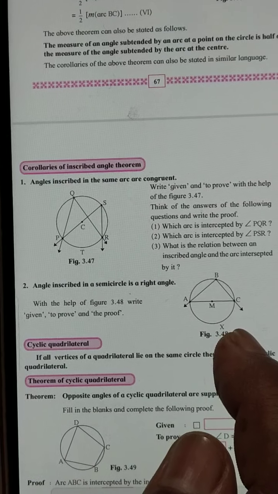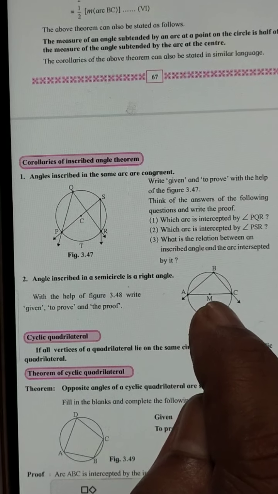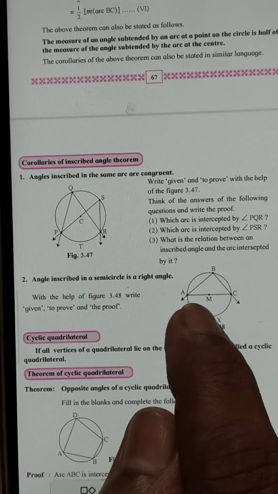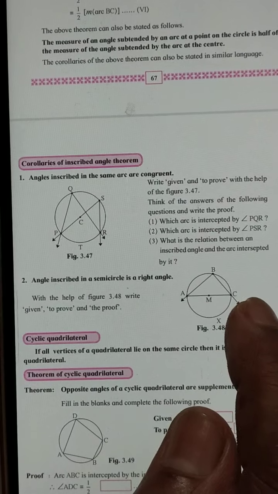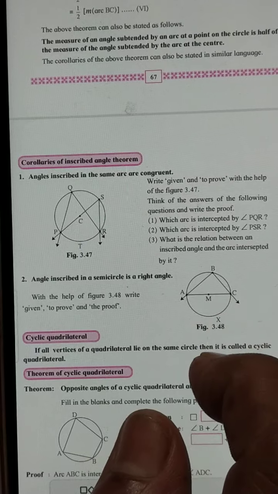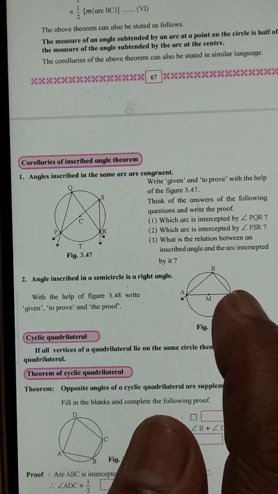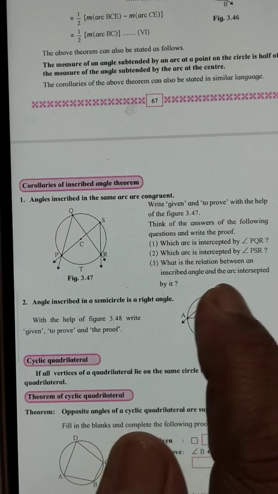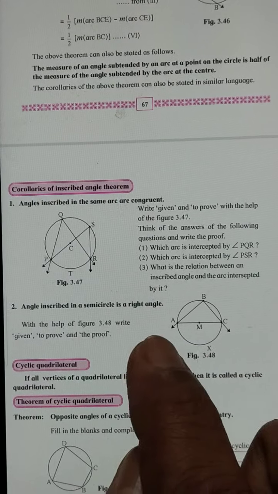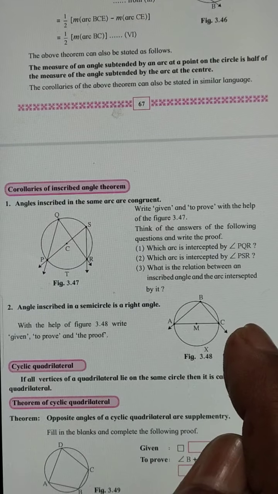Angle inscribed in a semicircle is a right angle. Here you can see that segment AC is the diameter of a circle with center M. So here arc ABC is a semicircular arc. Also you can see that arc AXC is also a semicircular arc.